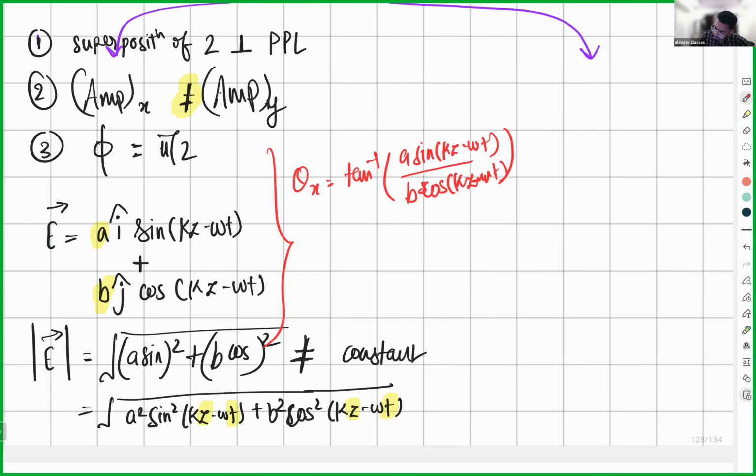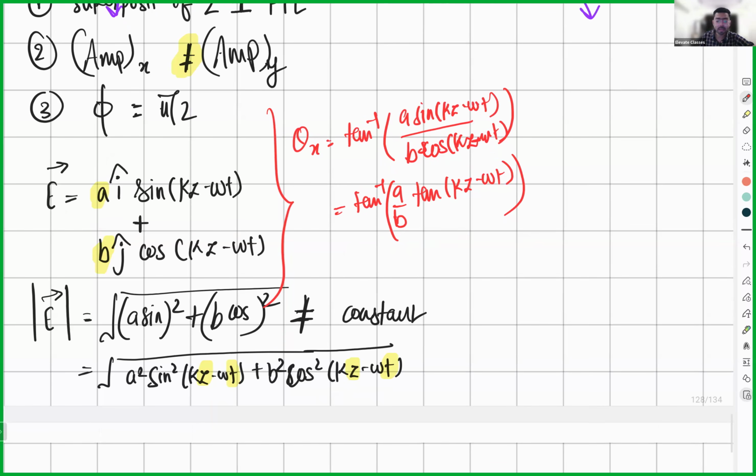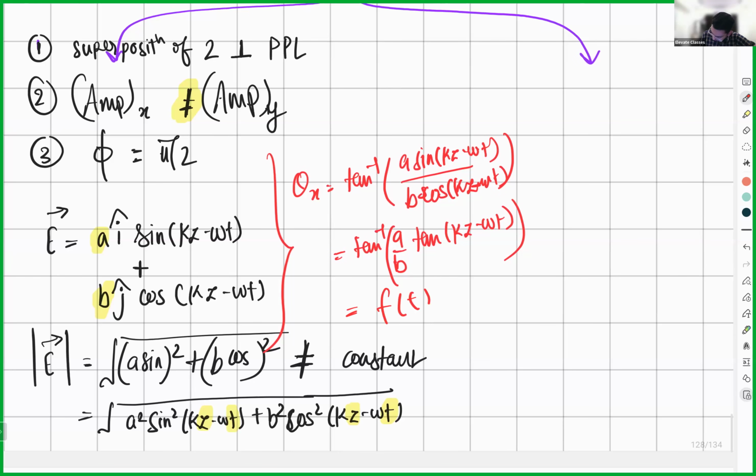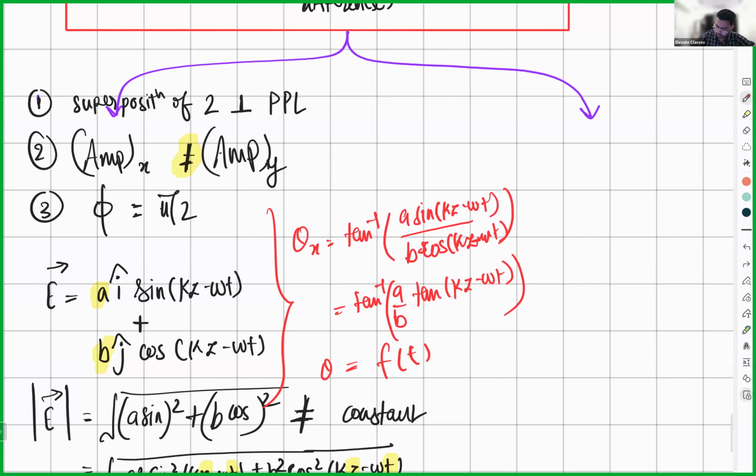This will become tan inverse A by B tan of kz minus omega t. Now, surprisingly, this A by B cannot be made outside, and we cannot cancel tan inverse and tan. So this is again a function of time, which tells you there is a rotation.